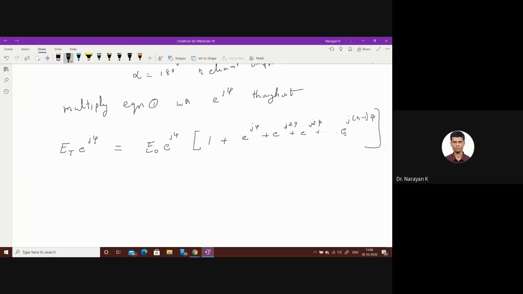This is what happens. So take the e power j psi inside the bracket. If you take the e power j psi inside the bracket, what will happen? E naught, this will be e power j psi plus e power j 2 psi, plus e power j 3 psi, plus e power j 4 psi, plus ... What will be the last element?